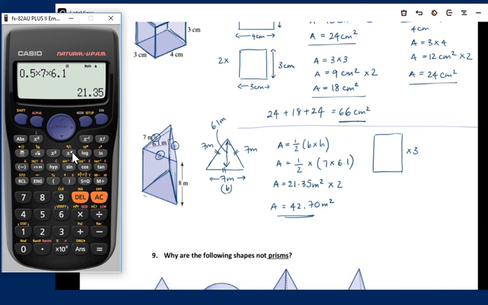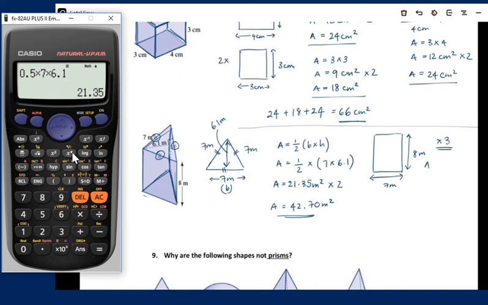So we've got the dimensions. We've got a height of 8 meters, and then this one's 7. And like I said, we have 3 of these.